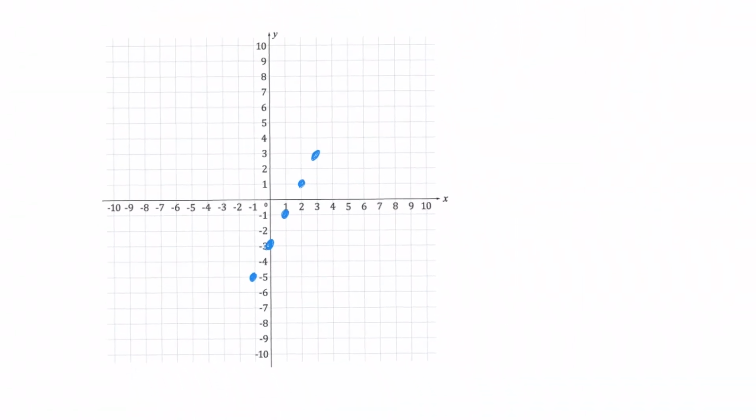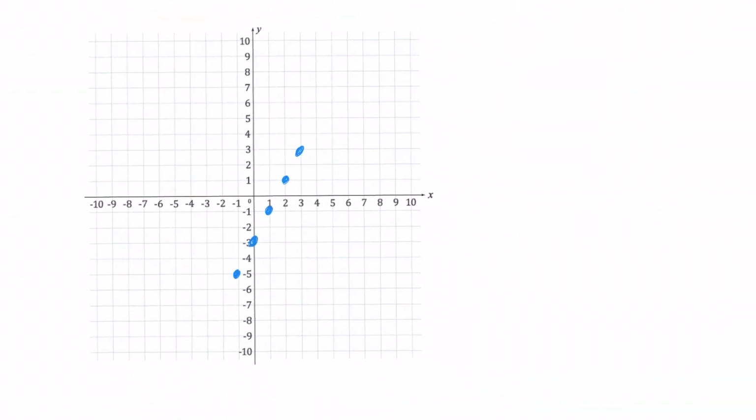Now, what you're going to see most often is going to be a continuous graph that goes on forever. So I've already plotted some points here, but when we connect all of those in a graph and we put arrows on the end, what that means is that the graph is going on forever. So in that case, there is no end or beginning to where our x values go.